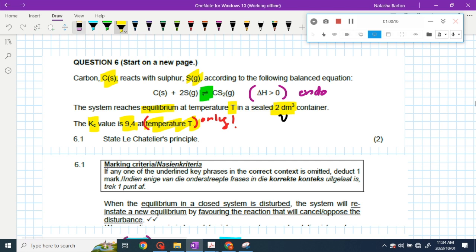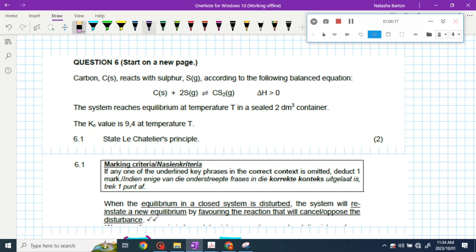The concept only came to me right at the end of the year. When we speak about pressure, then, according to Le Chatelier's principle, we must compare the number of mole of gas molecules in order to decide on which reaction will be favored.